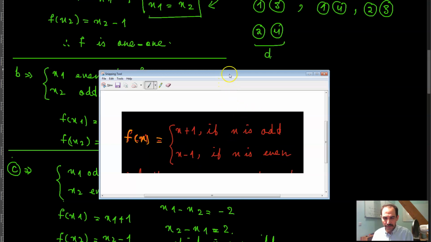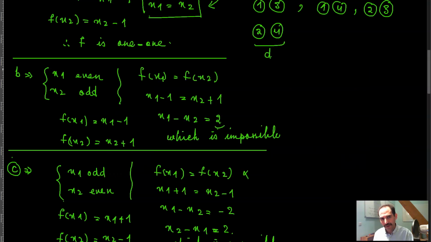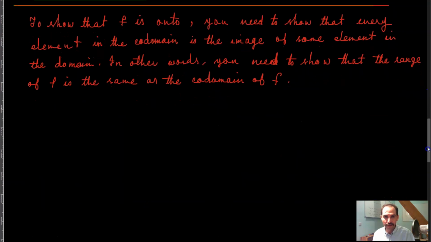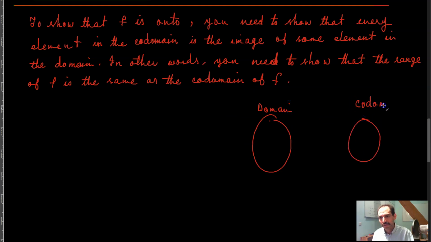So we need to show that for every member of the codomain, there is some element in the domain that is the preimage of that element, meaning that over here you have your domain, and over here you have your codomain, and you have all of these elements in the codomain.